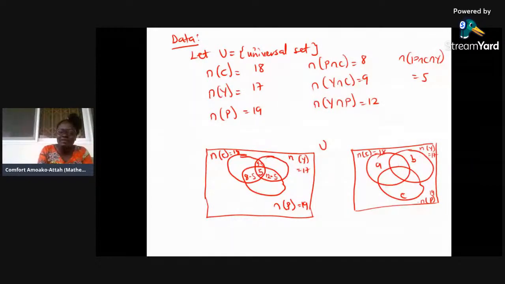This 9 minus 5 will give us 4. We have our 5 here. 8 minus 5 will give us 3. Then 12 minus 5 will also give us 7. Okay, so we have our Venn diagram now. That's the first part of the question.